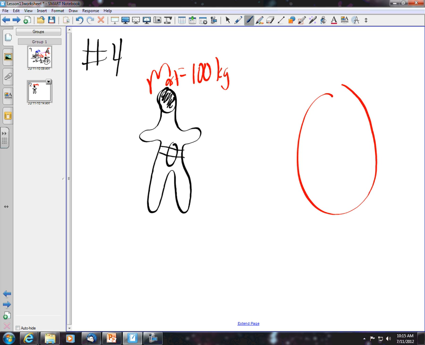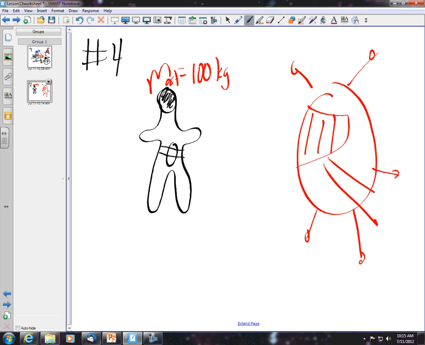So here's her spacecraft. And there's a propulsion unit attached to her back. And I pointed in the wrong direction. Propulsion unit attached to her back.